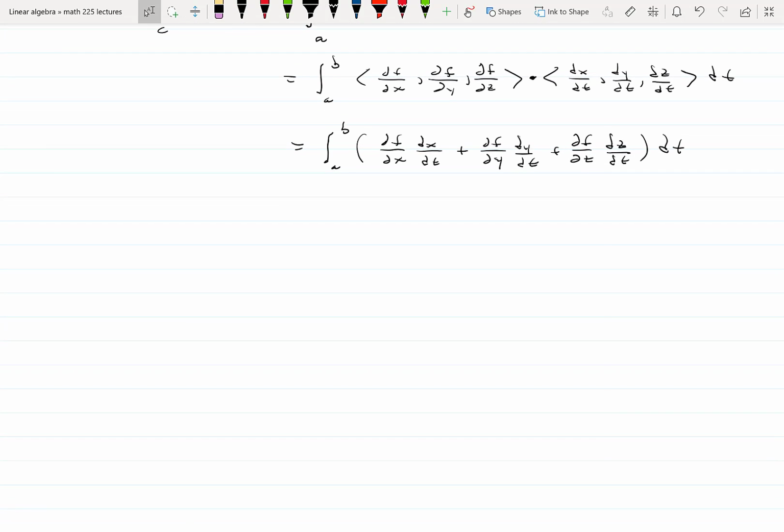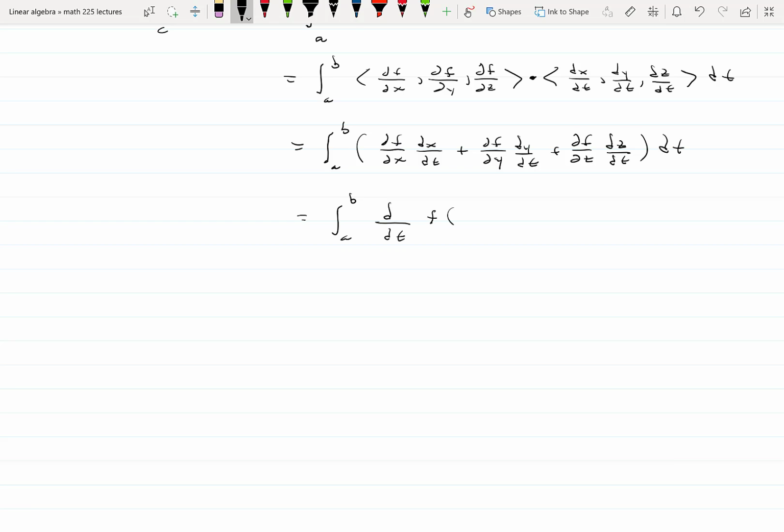Now, here's the question for the ages. Do you recognize the quantity that we're integrating? It should look really familiar. It looks like the chain rule. It looks like the chain rule for the ordinary derivative with respect to t of the function f.